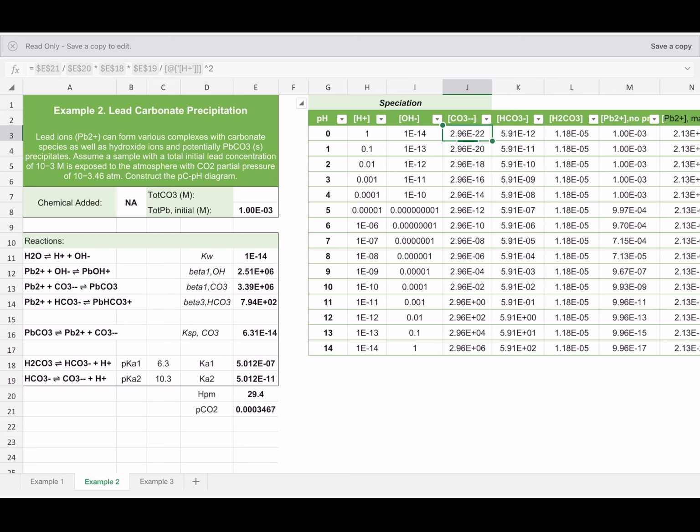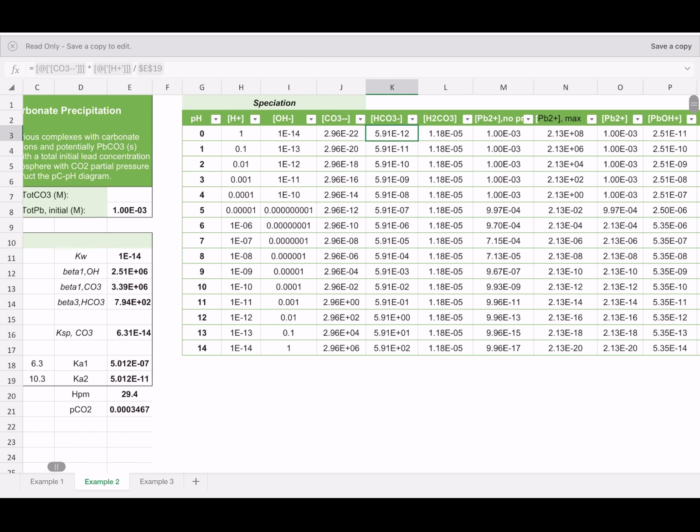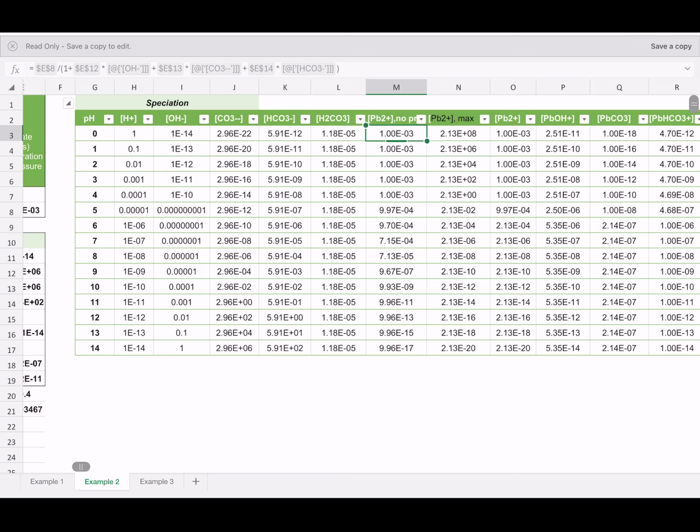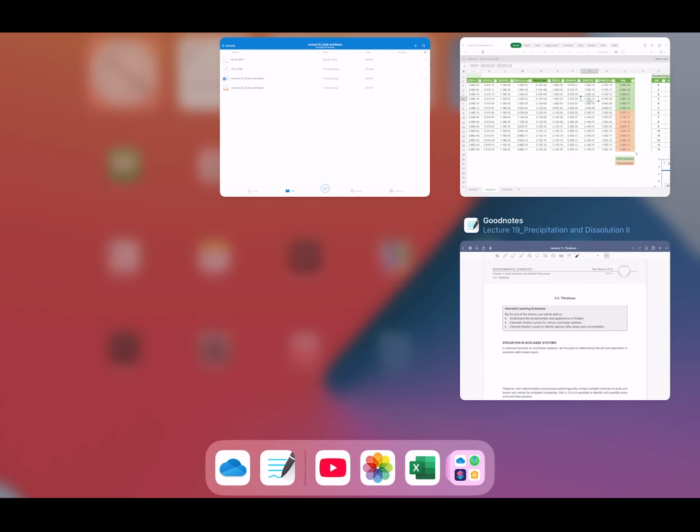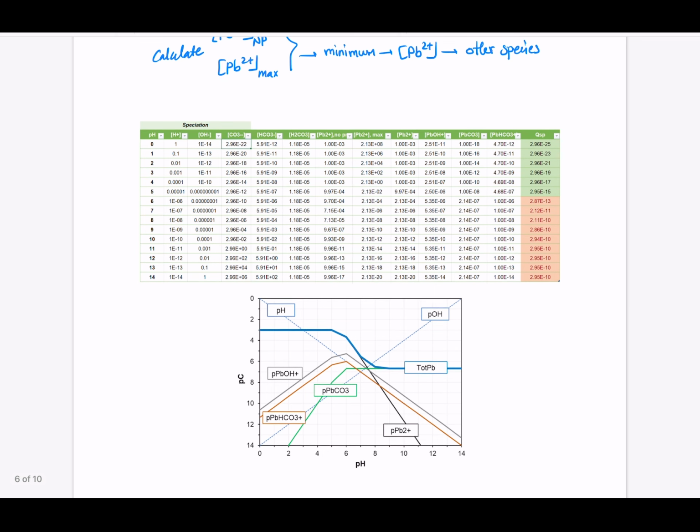Once we have this guy, we can calculate CO3 2 minus, which we needed for complexation, also for precipitation. Bicarbonate, we need it only for complexation. And again, min, max, then the minimum of the two. And then the following would be basically the rest of the calculation, doing Qsp comparing with Ksp to look at the precipitation profile. So here is basically what we get.